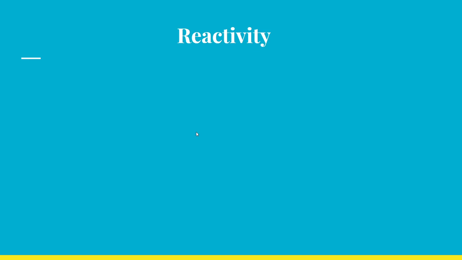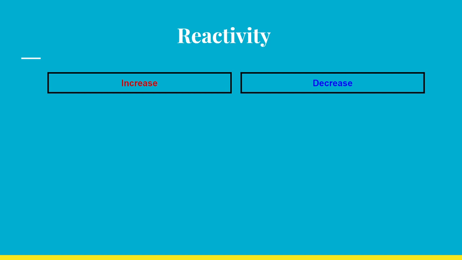So, reactivity can do a few things. It can increase or it can decrease. Let's talk about a few of these. Well, fuel is needed for any of this, and so if you have more fuel, you have more reactivity.